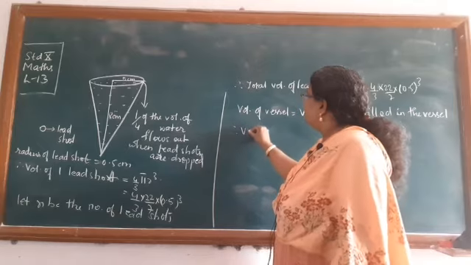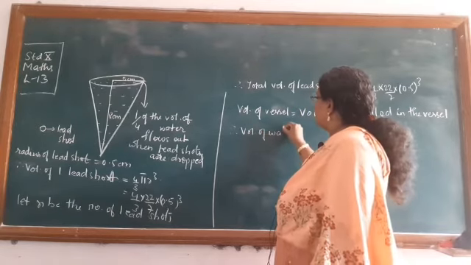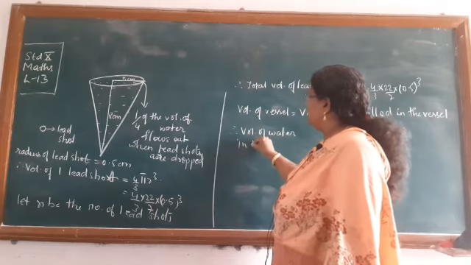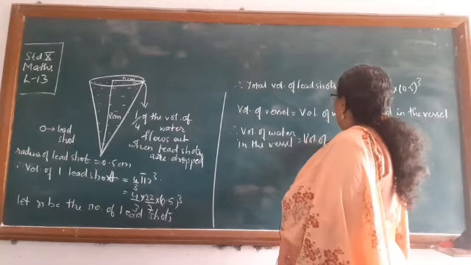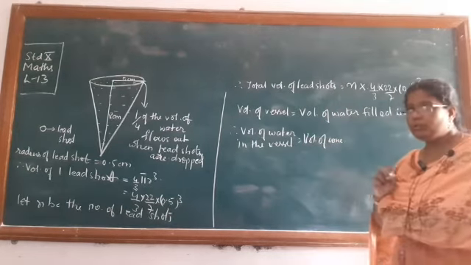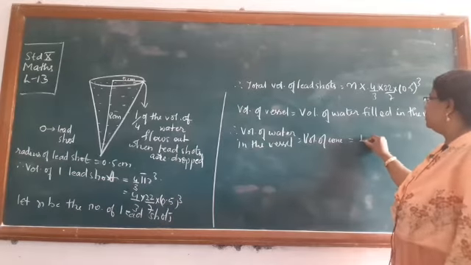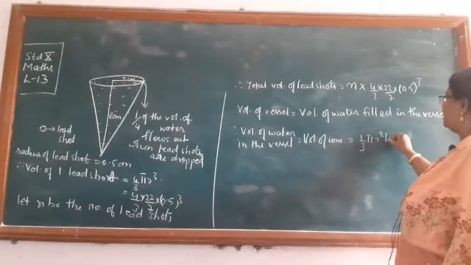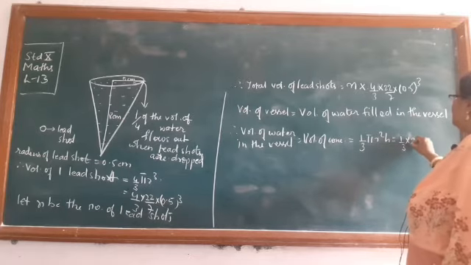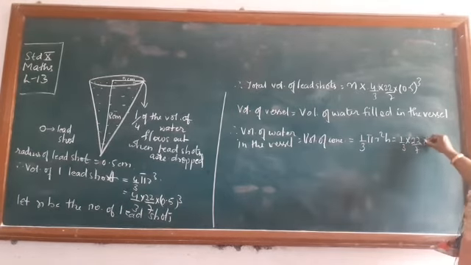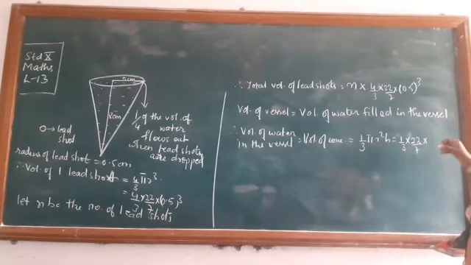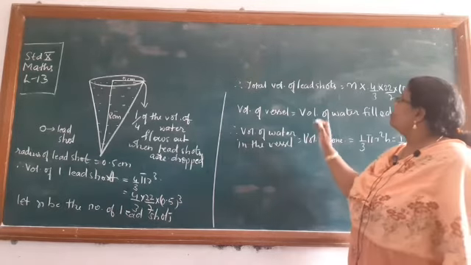So therefore volume of water in the vessel is equal to the volume of the cone, which is equal to 1 by 3 pi r square h, that is 1 by 3 into 22 by 7, okay, into r is 5. So that is 5 into 5 into h is 8, isn't it?